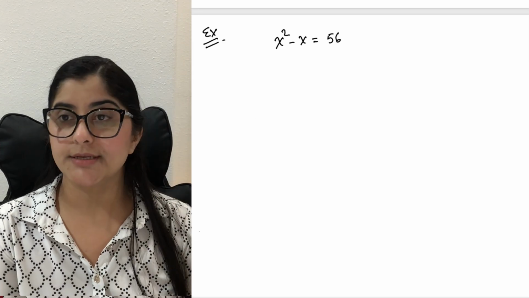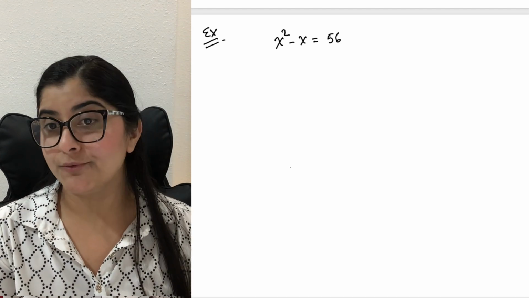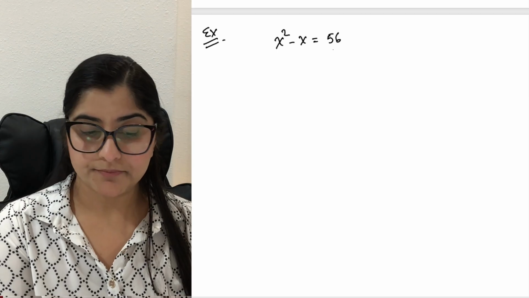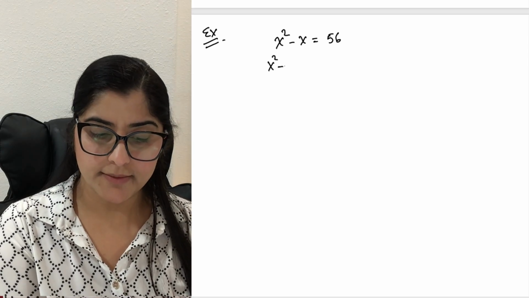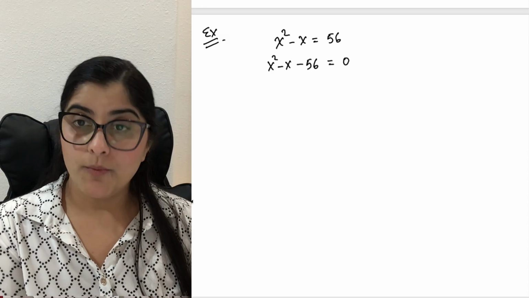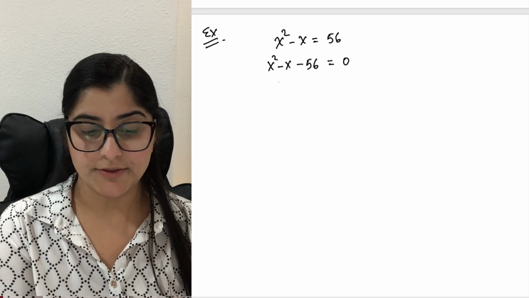This is a quadratic equation. To apply the zero factor property, make sure the right hand side is 0. So in the very first step, we will move all the terms to the left hand side so that the right hand side is 0. Why do we want to make the right hand side 0? So that we can use the zero factor property.